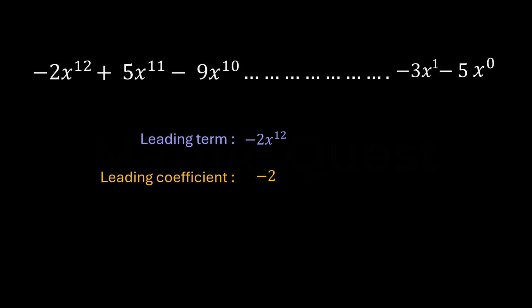We will also note down the sign of the leading coefficient, so that's negative. And finally, since the highest power is 12, the degree is 12. But along with the value, it's also important to note whether the degree is odd or even. Since 12 is an even number, we will say that the degree here is even.